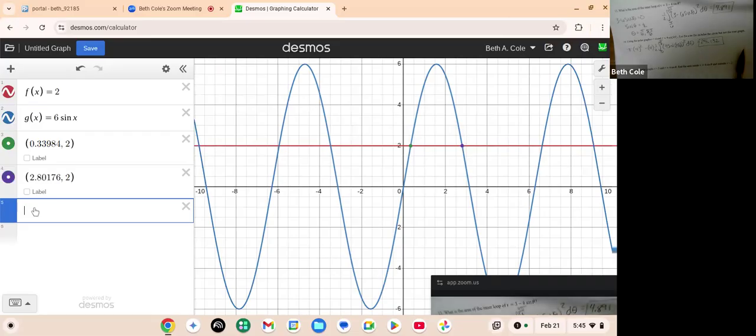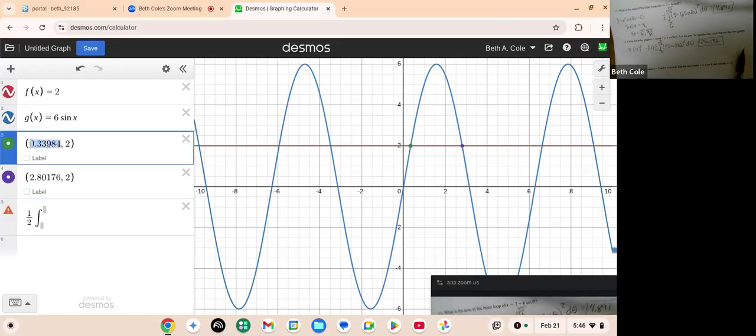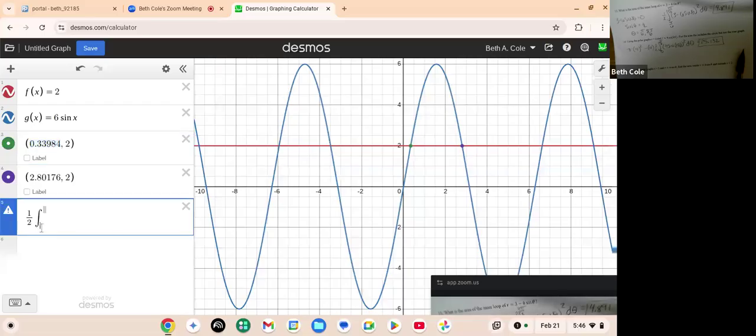And we want to do the area. So 1/2 integral from here, let me copy and paste, to here. And we wanted to do the black graph minus the purple graph.